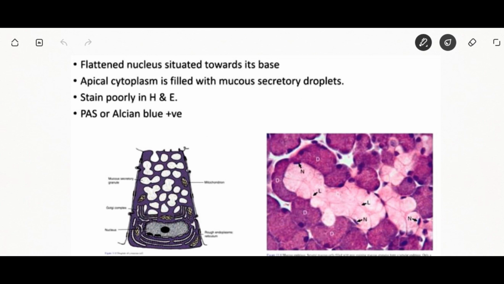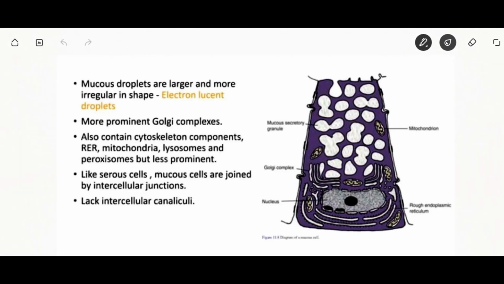The droplets are larger and more irregular in shape, with a more prominent Golgi apparatus, and the cell also contains components like rough endoplasmic reticulum, mitochondria and lysosomes. Like serous cells, the mucous cells are joined by intercellular junctions, but they lack intercellular canaliculi.